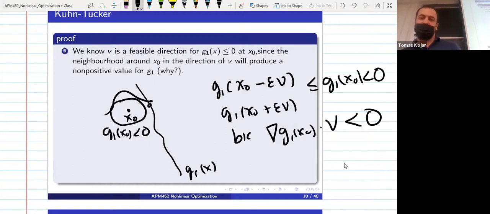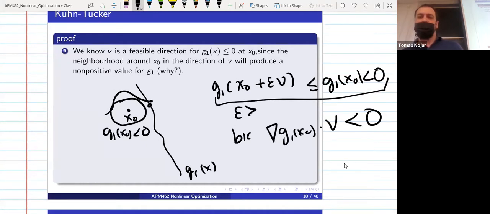Let me write it this way, and then take epsilon to be this. So there exists a small enough ball such that if you move in the direction of V, the function decreases. All right, good. That's all I wanted you to know.